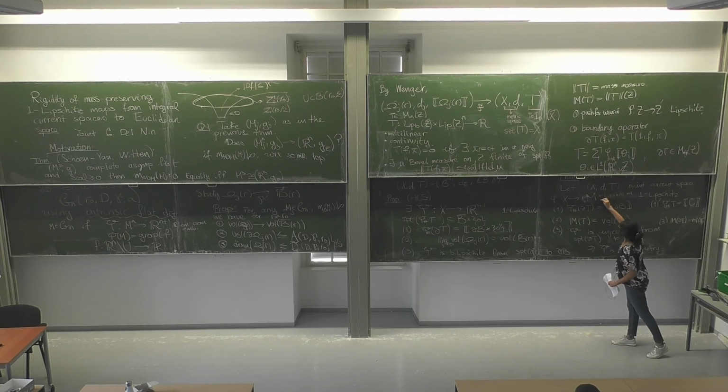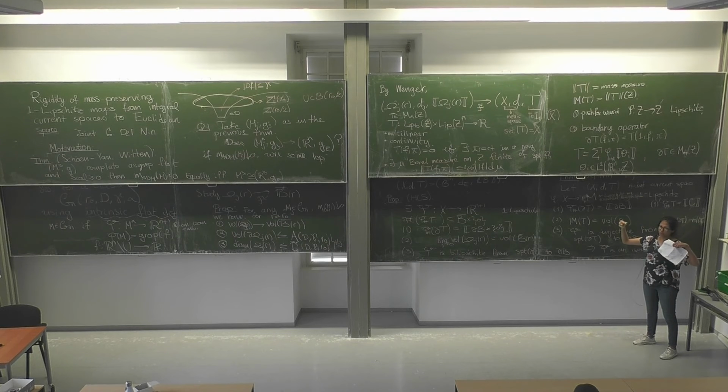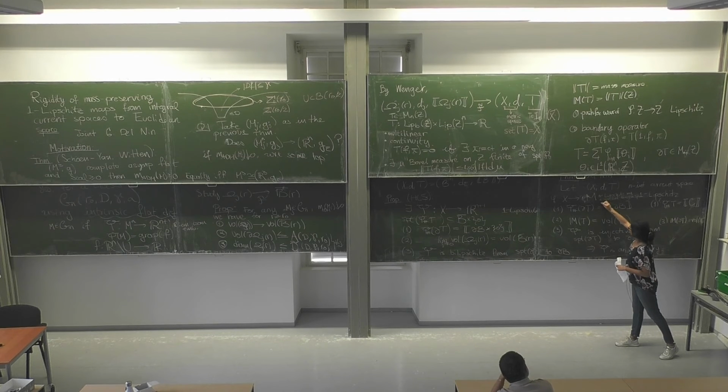Then this is an essential length space. And this basically means that between two points, I have a lot of curves that join these two points. And the other thing is that they ask it to be infinitesimally Euclidean. What does it mean? Well, that the tangent spaces of this manifold are Euclidean almost everywhere.